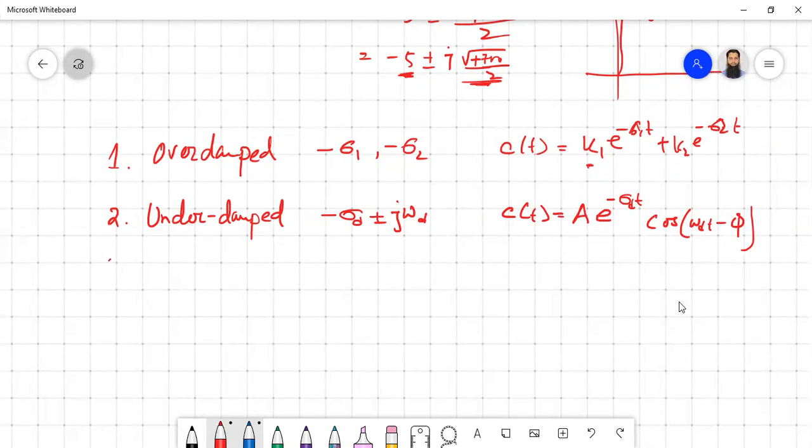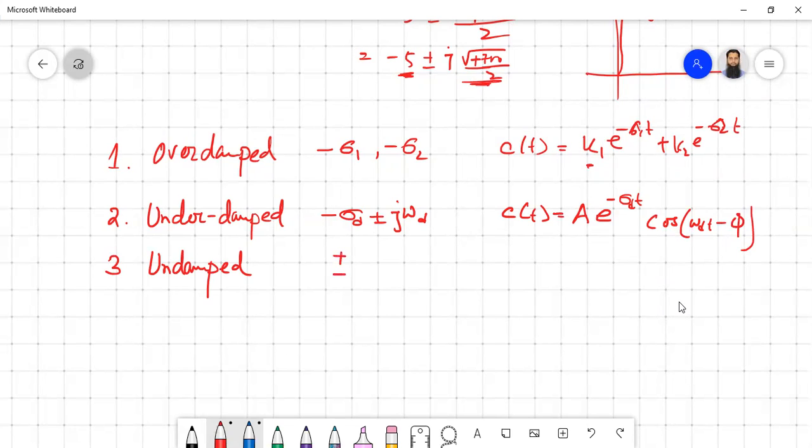Okay, now go to the third case. The third case that we were discussing was the undamped scenario. In the undamped case, both poles are actually imaginary.